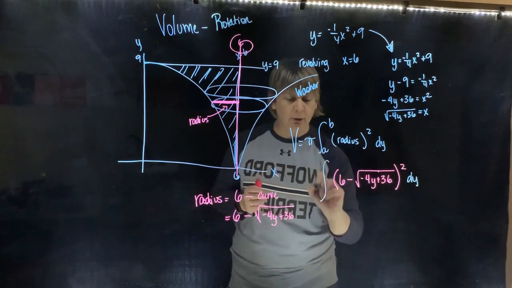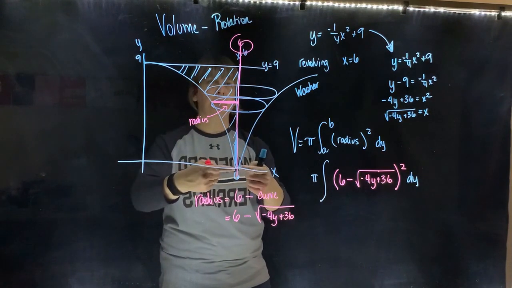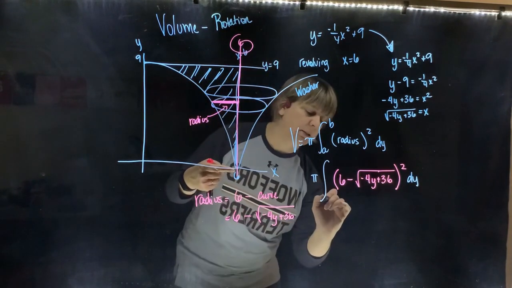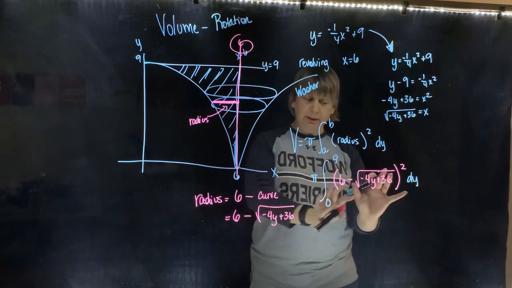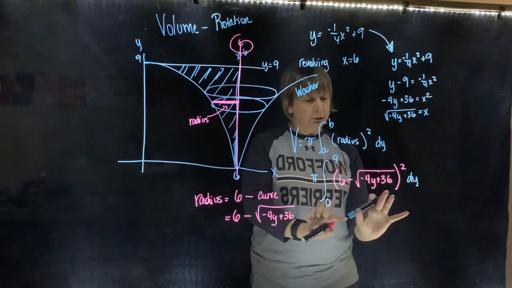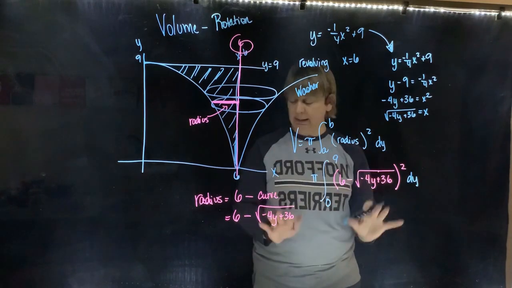And I'm going to integrate, don't forget my pi. And I'm slicing this way, so I'm going to go from 0 to 9. The algebra with this gets a bit messy. I'm not here to do the math with this. I'm here to make sure we can do the calculus, and that's this setup.